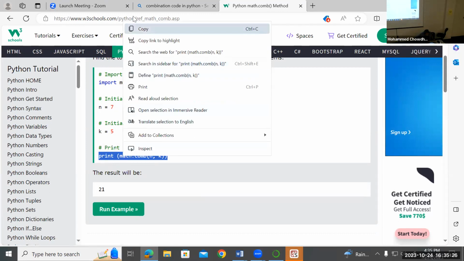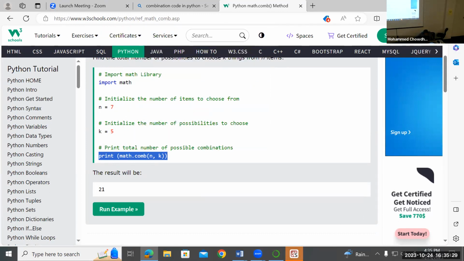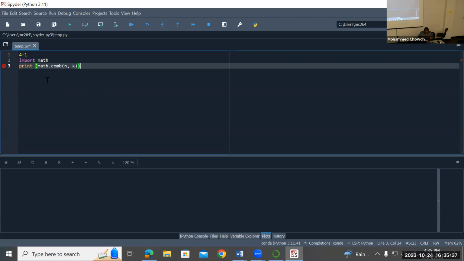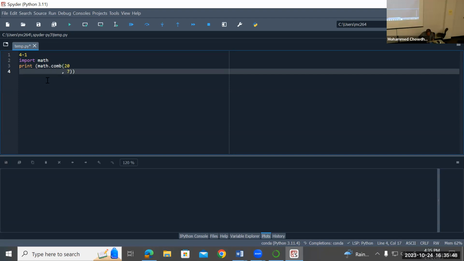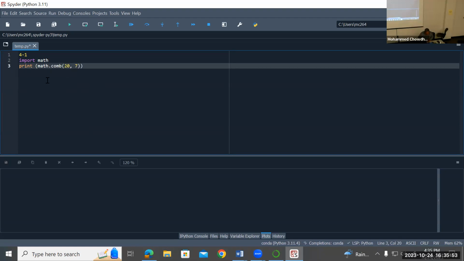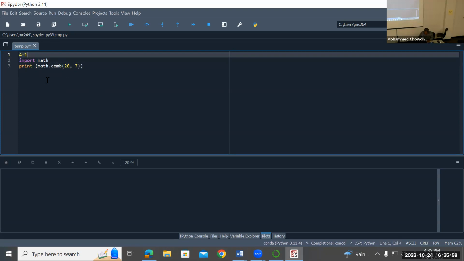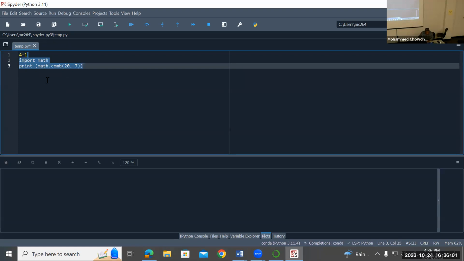I have to import the math, and then these things. And here I want to change 7, and I have to change here 20. That's it. Let's see. Control enter.